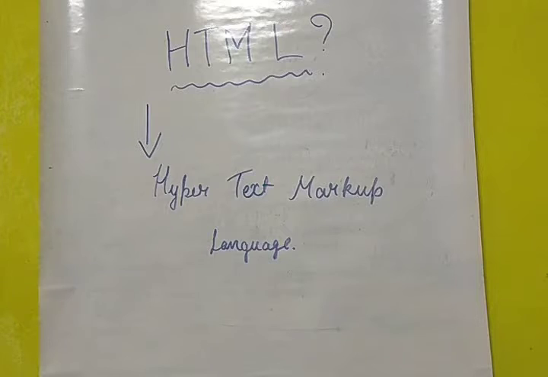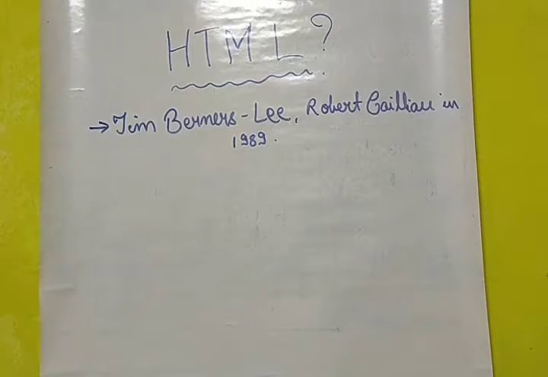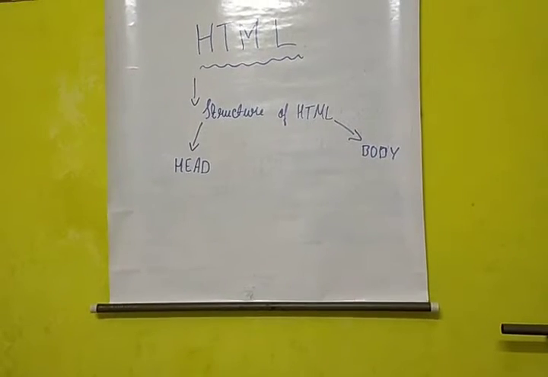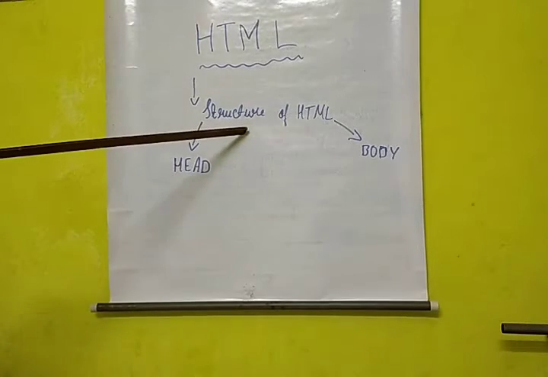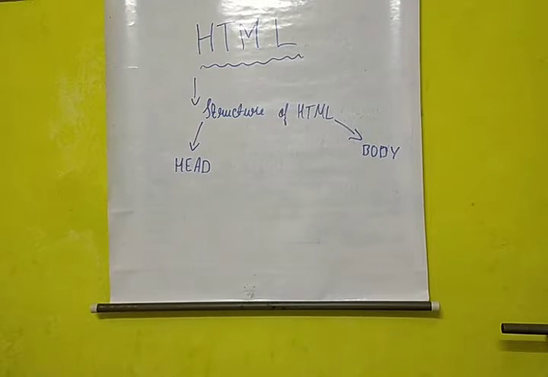Then this was first created by Tim Berners-Lee and Robert Cailliau. These 2 persons have the credit to start HTML for the first time, and that was in the year 1989. Clear?